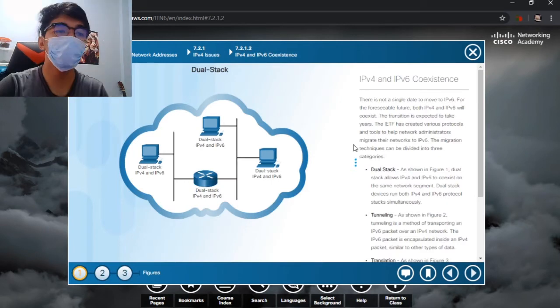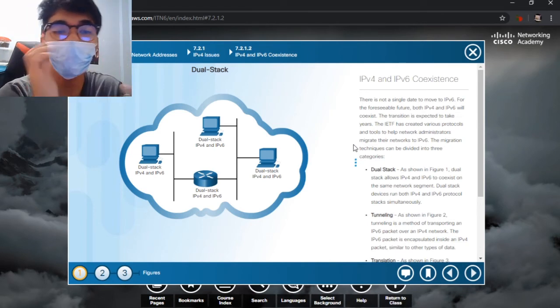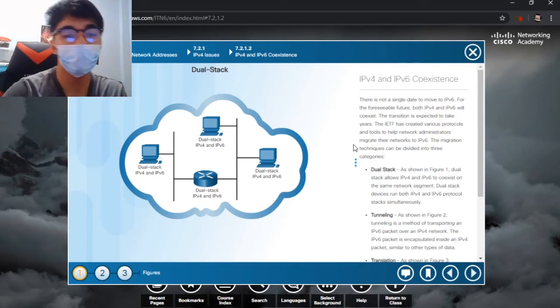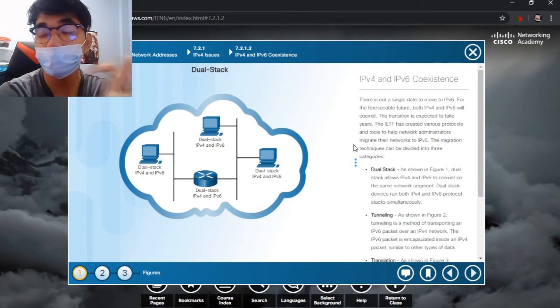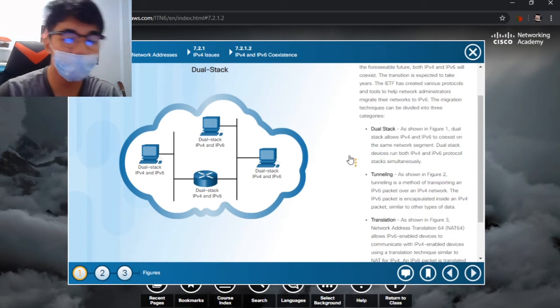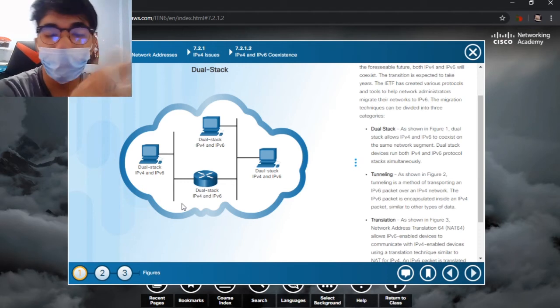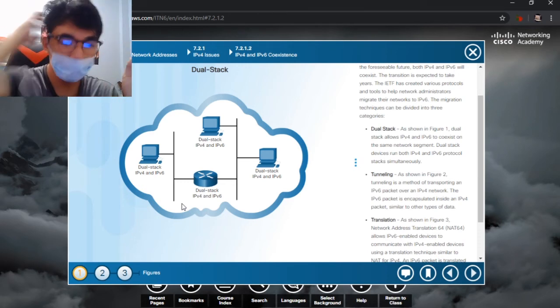And guys, we're back. This is also a major topic in chapter 7: the coexistence of IPv4 and IPv6. There are three things you should always remember: the dual stack, tunneling, and translation. The dual stack is like this in figure 1: a device runs both IPv4 and IPv6 protocols simultaneously.